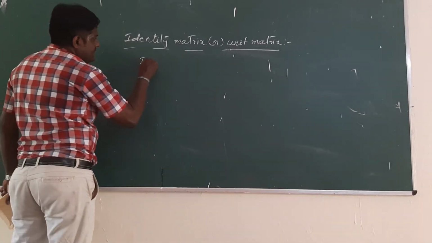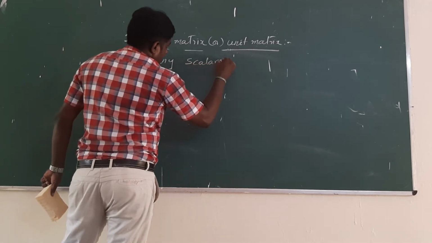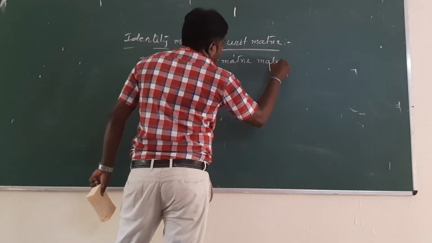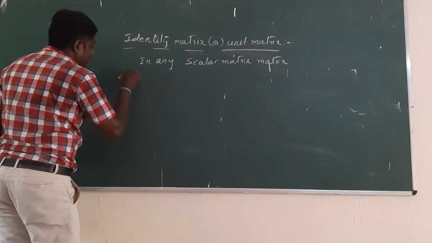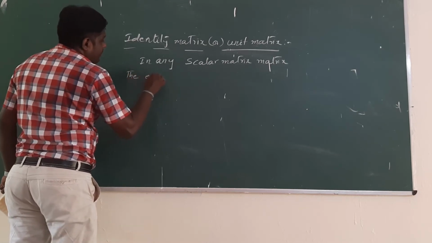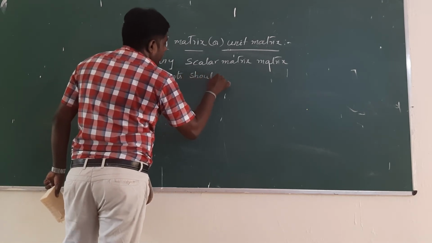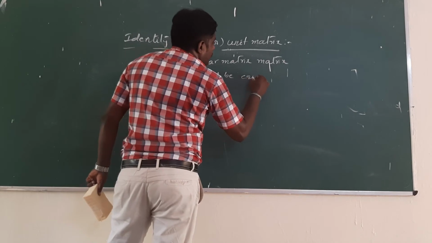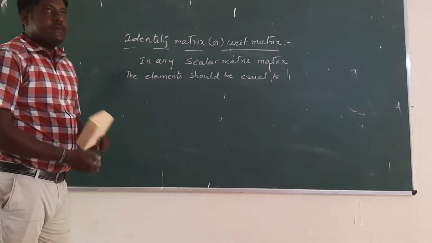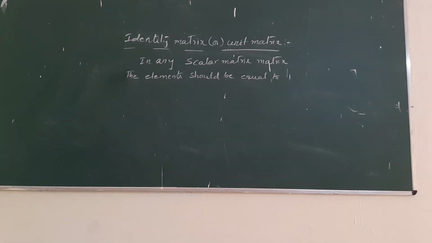See, in any scalar matrix, if the diagonal elements are equal to 1, then the matrix is called an identity matrix.